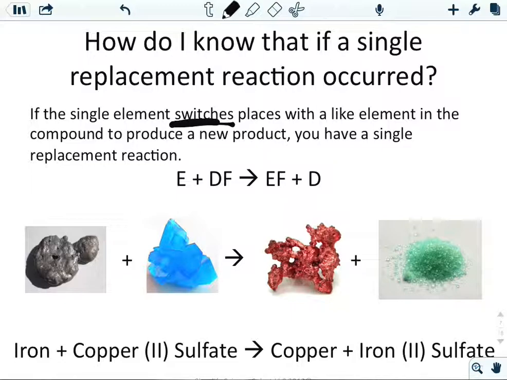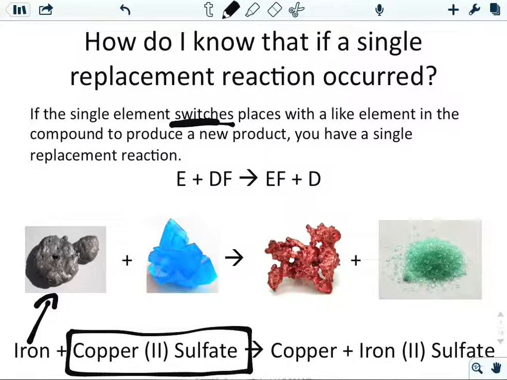If the element that's by itself, like in this case iron, which is a metal, it's going to replace the metal in our compound, which is copper 2 sulfate, right here. Sulfate is an ion, and copper is a metal. So the iron switches places with the copper, and we see that copper comes out here, and iron is now bonded to that sulfate.